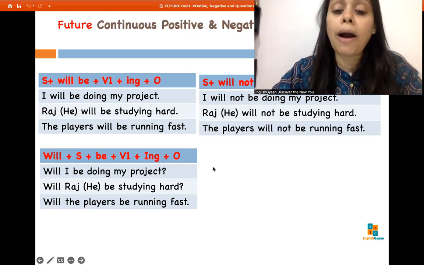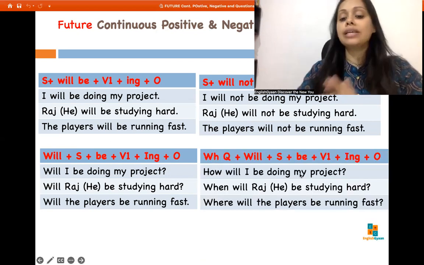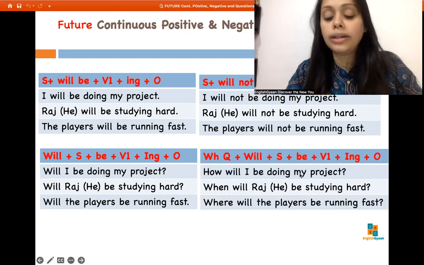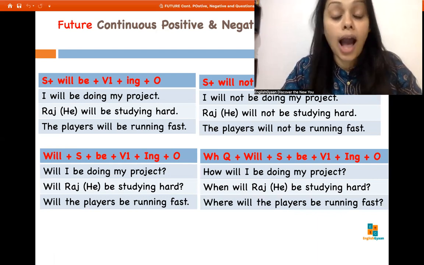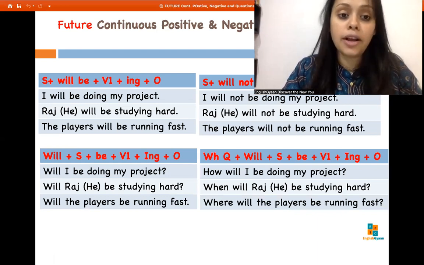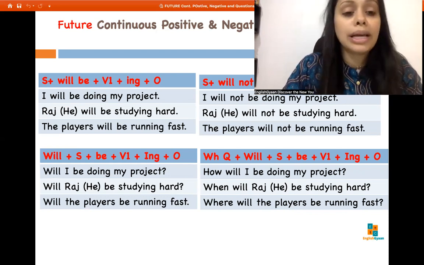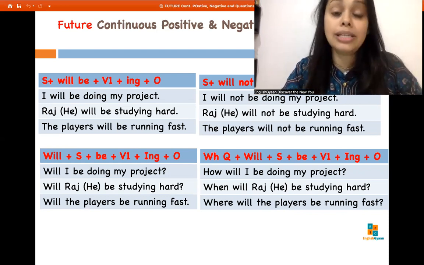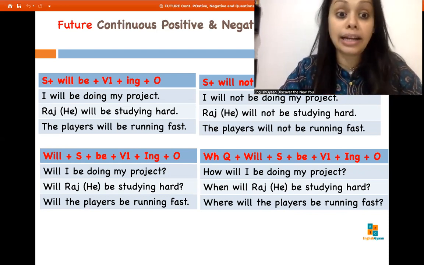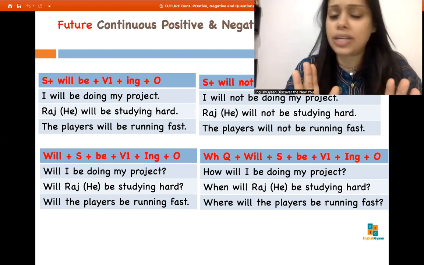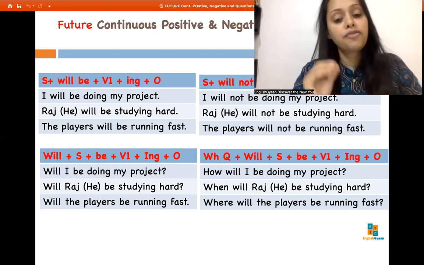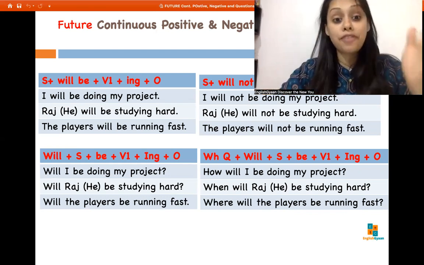And whenever we talk about questions, there is always a list of WH questions: what, who, where, how, why, when, which, whose, and whom. These are a list of 9 WH questions. It is not compulsory that every question will have a WH question, there is no such compulsion. But whenever there is a WH question, it will come first.